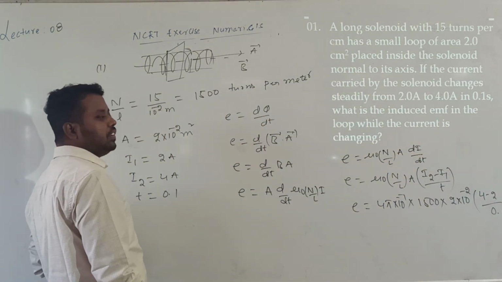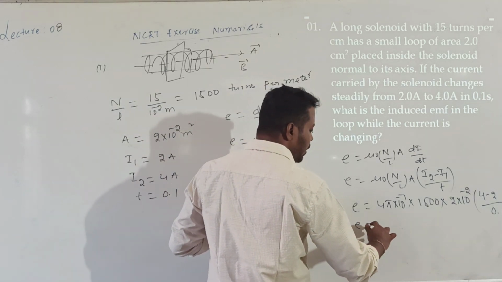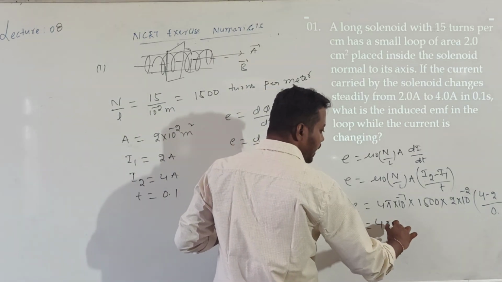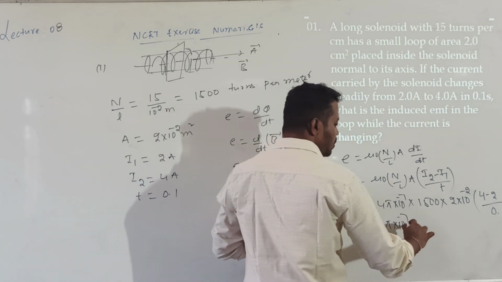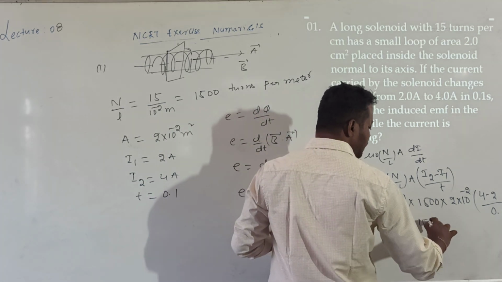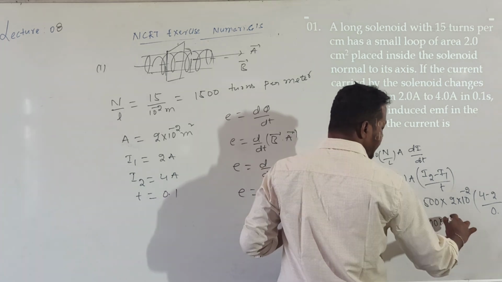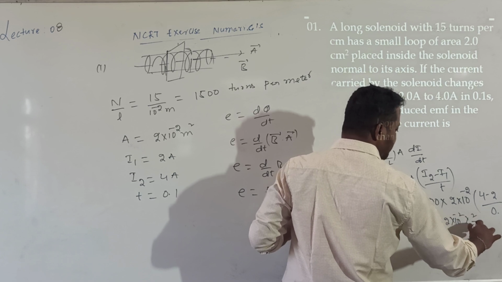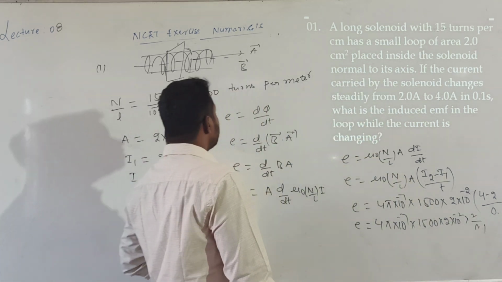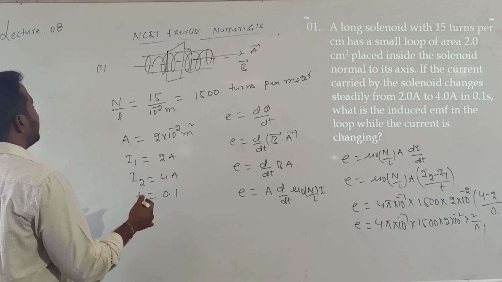So then you simplify this. What will I get? E value, 4 pi into 10 power of minus 7 into 1500 into 2 into 10 power minus 2 into 2 divided by 0.1. So if you simplify that, you will get the answer.